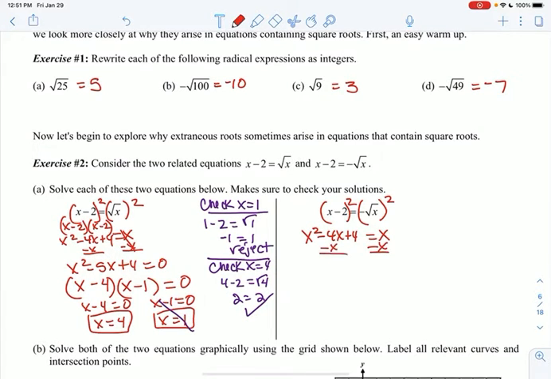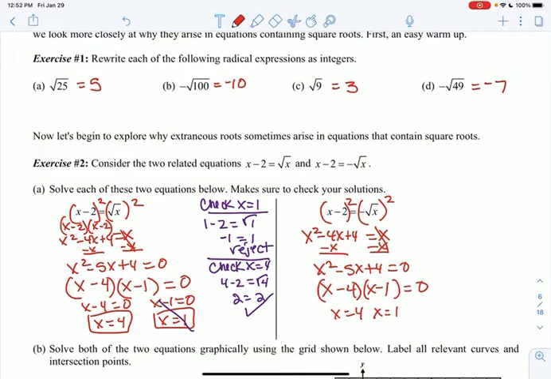This is the same exact thing I did on the other side, so you can see that we're going to get those same answers. Again, I'm looking for numbers that multiply to 4 but add up to negative 5, so it's going to be negative 4 and negative 1. And I get the same answers.